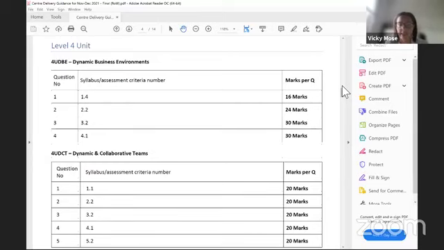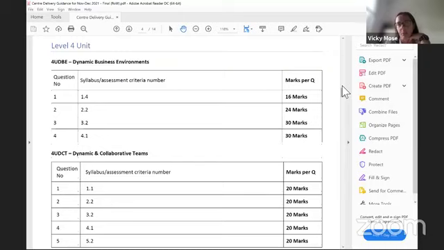Question 2 relates to learning outcome 2, 2.2 assessment criteria, and question 3 to learning outcome 3, 3.2 criteria, and question 4, learning outcome 4, and 4.1 assessment criteria. You will actually then see by looking across how many marks each of these questions will pick up. So clearly question 3 and 4 pick up the bulk of the marks. So they're the questions you'll want to be focusing your time on and giving more detailed answers to.